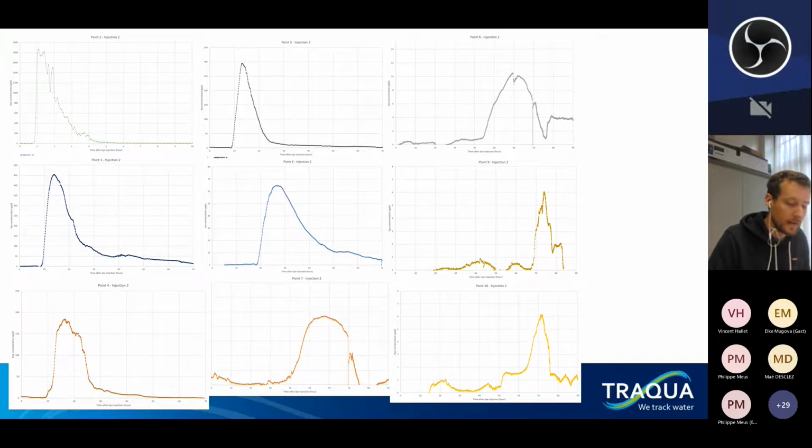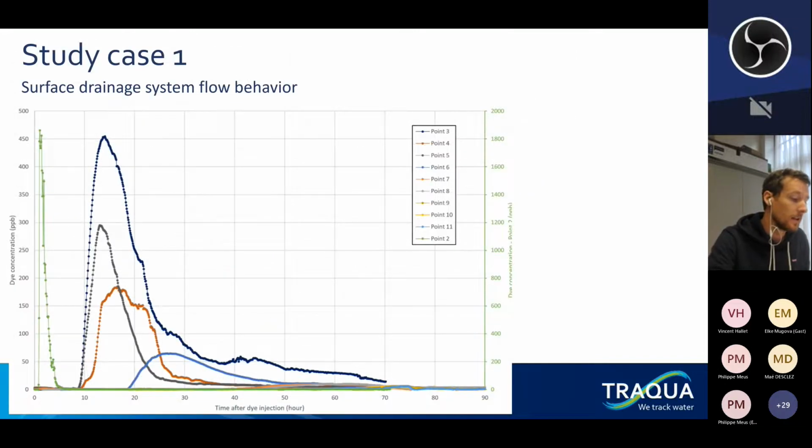But at first, we can evaluate that the speed of flow is decreasing as we move downstream due to the decreasing gradients, and also the longitudinal dispersion is decreasing for the last portion of the system. Here is the final graph with all combined breakthrough curves, where you can see the progressive dilution along the pathway.